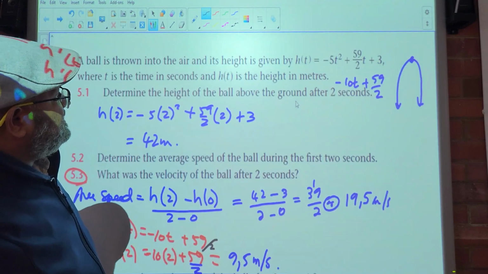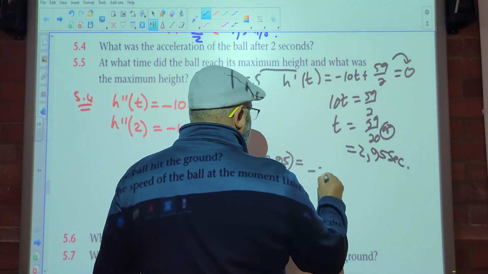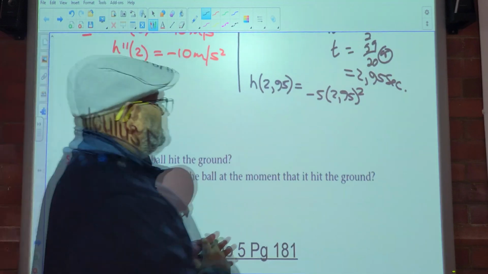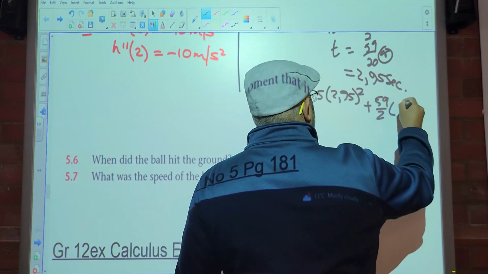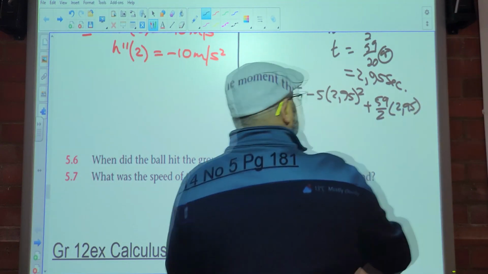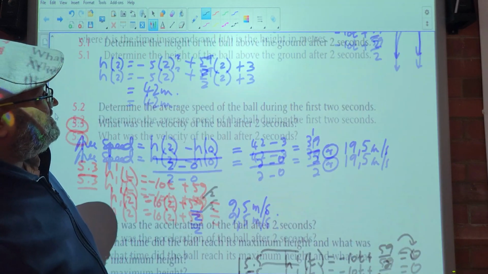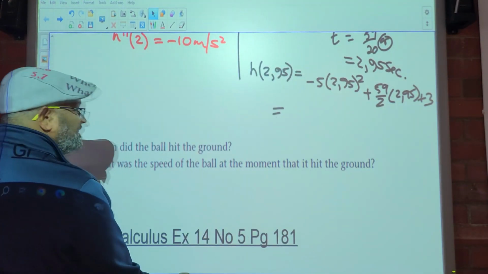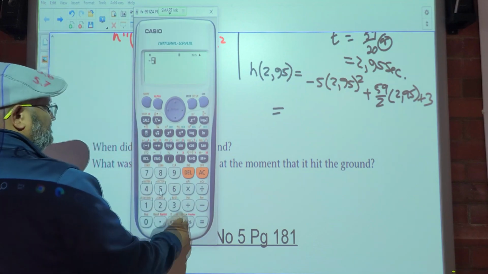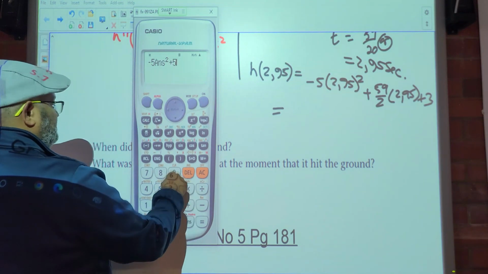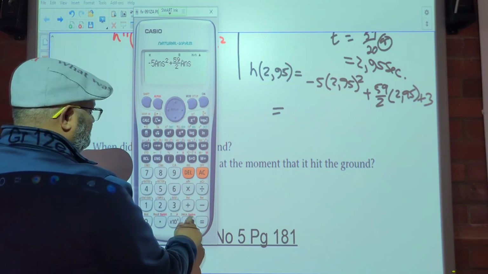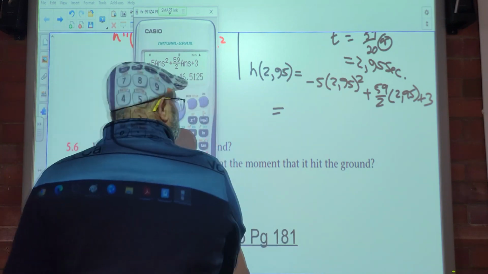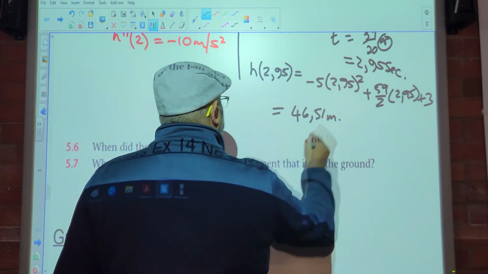So my formula is negative 5t squared plus 59 over 2 times t plus 3. So it's negative 5 times 2,95 squared plus 59 over 2 times 2,95 plus 3. That gives me a height of 46,51 meters.